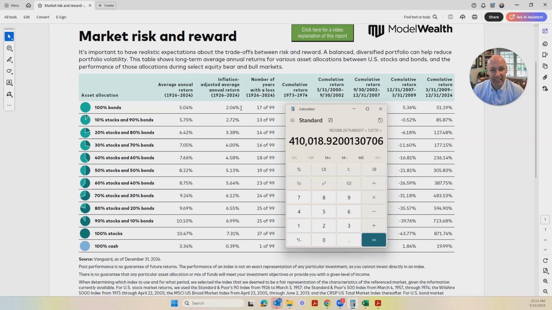And if you own businesses and you get the historical returns of the stock market, which again, you should not expect history to repeat itself in planning, but if it did over a 20-year period, your $100,000 investment would grow to today's feel of $410,018.